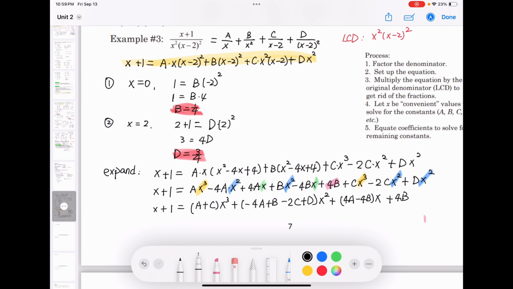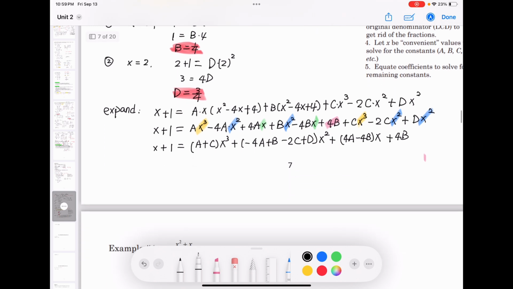Okay, do we have x cubed on our left-hand side? No, we don't.